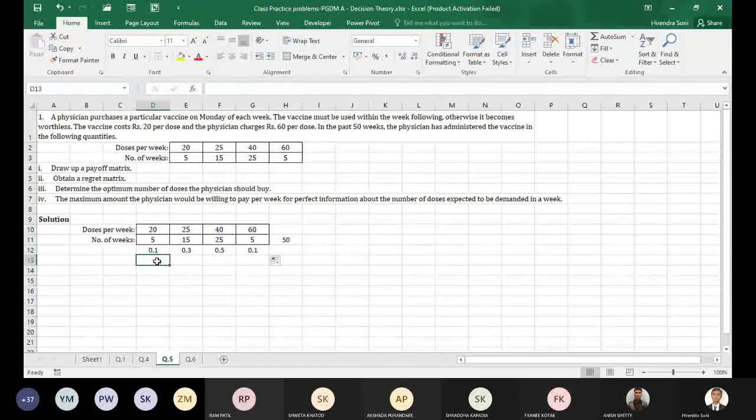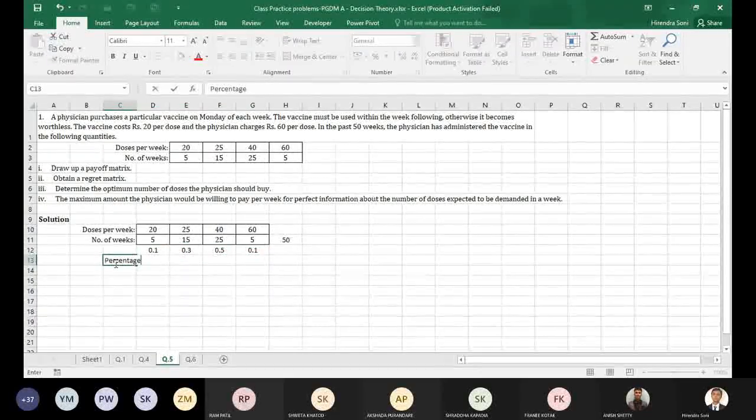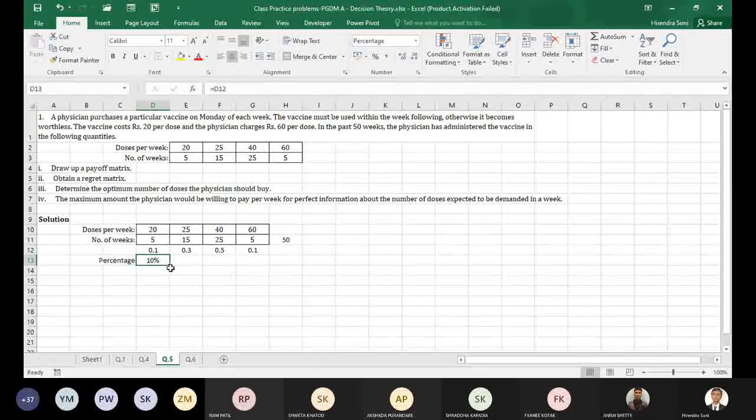If I am talking in terms of percentage, the same value written as a percentage is 10%. Correct? Are we okay up to this? Yes, sir.